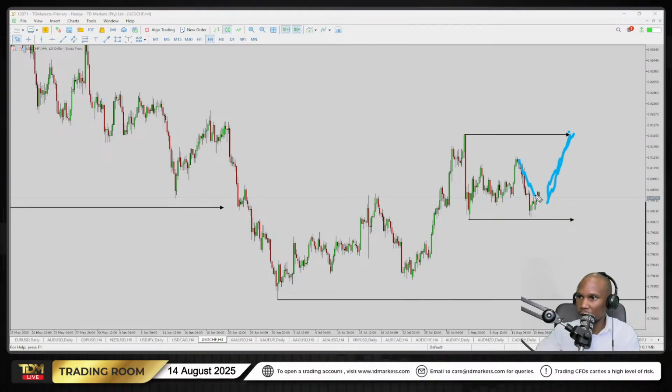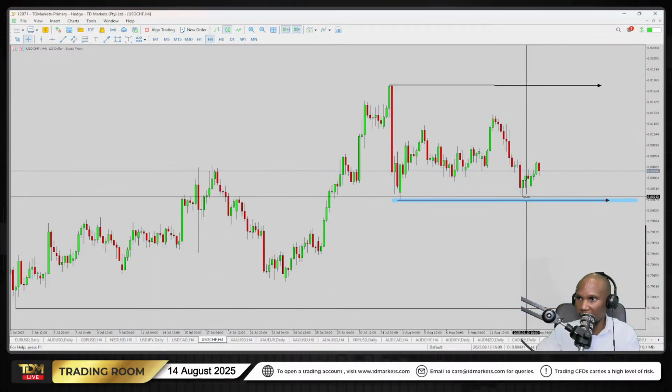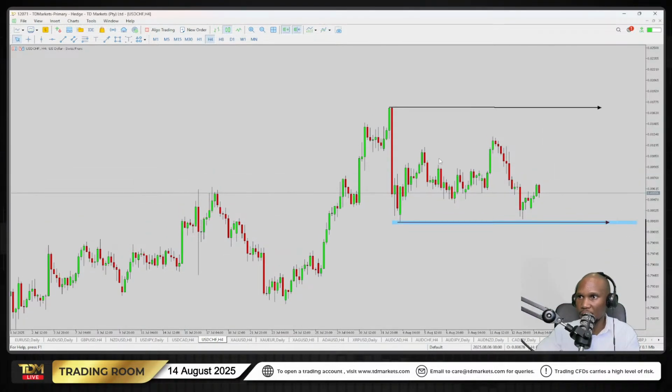This move down would first go down, break this area, and then do this. Whatever the case is, we're just waiting for price to reject this low, and then from there we are looking for one more push up.